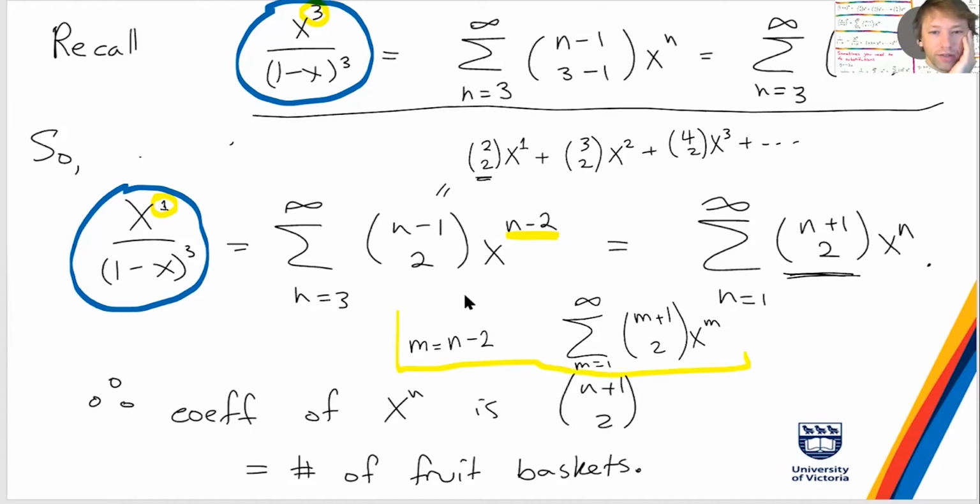Of course, it doesn't matter if I call it m or n, so these are the same. So if you want to change the index, this is a way to do it: substitute m equals n minus 2, rewrite the sum in terms of m, and then rewrite that in terms of n.